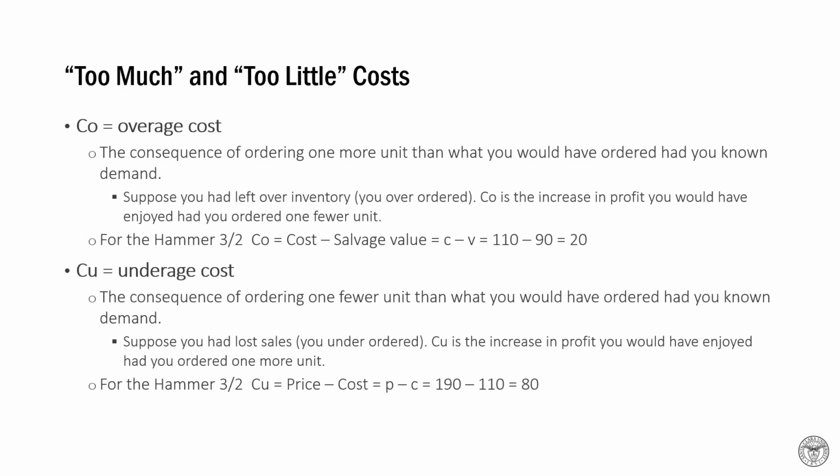We calculate CU as the difference between the selling price and the cost. For the Hammer 3/2, we calculate CU as $190 selling price minus $110 cost, which equals $80.